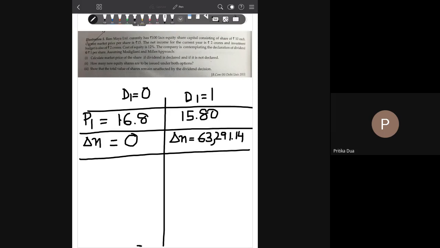So now with you knowing both N and delta N, you can calculate the value of the firm at time 0, that is today. Value of both the firms is coming to 1.5 CR, 1 crore 50 lakh.